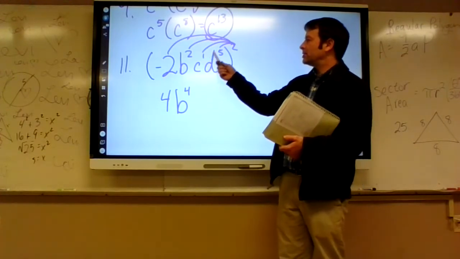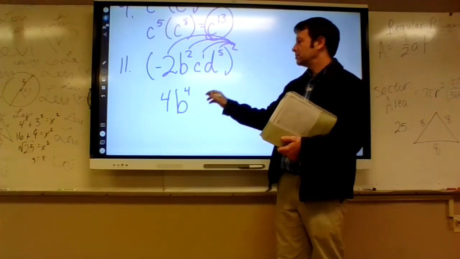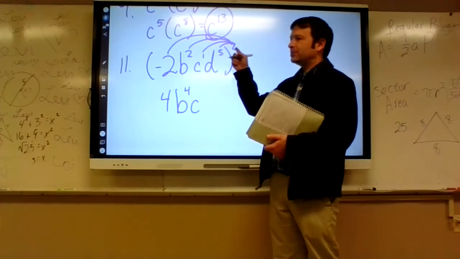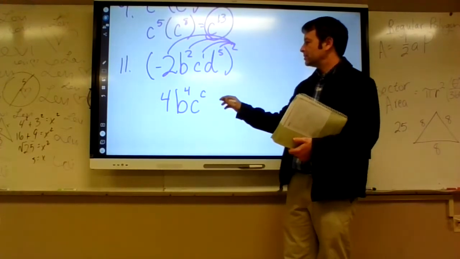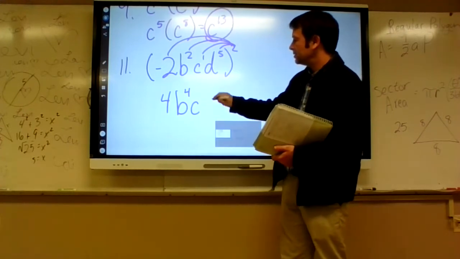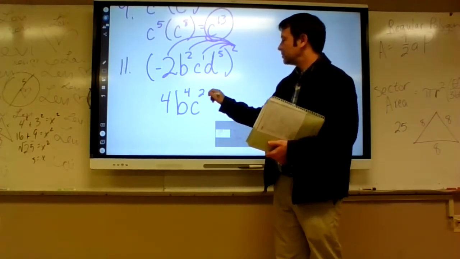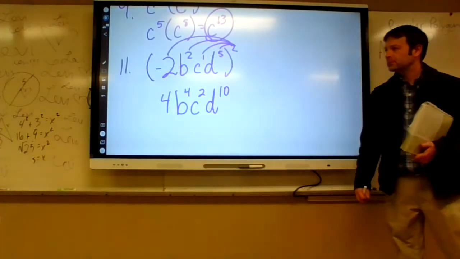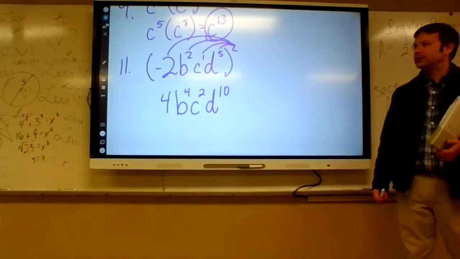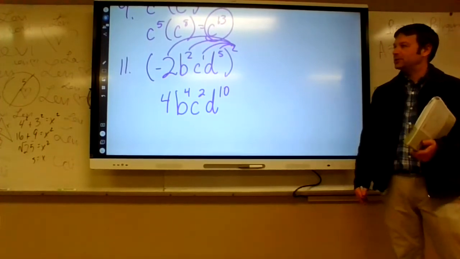So it's 1 times 2. So yeah, it's basically just c squared. And what's d to the 5th squared? So it's kind of like the distributive property, everything is squared in that case.